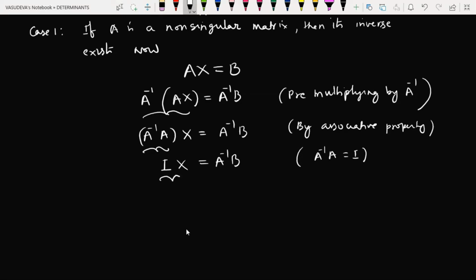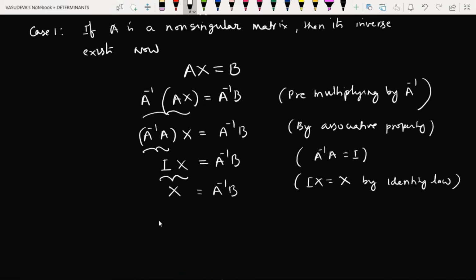When you multiply any matrix with the identity matrix, we get the same matrix, so IX is equal to X by the identity law of matrix multiplication.